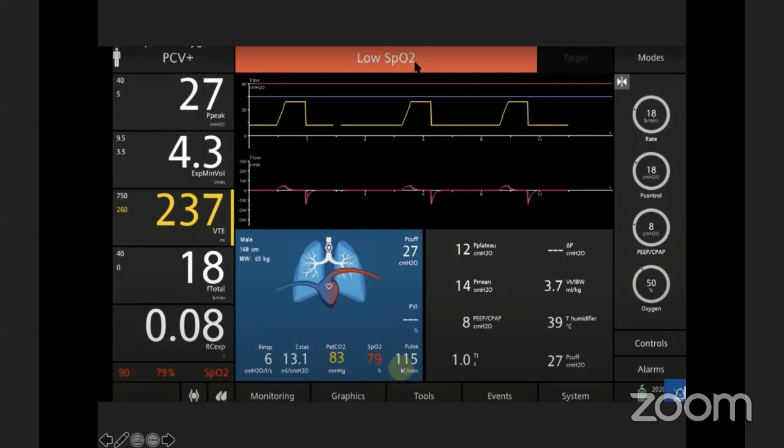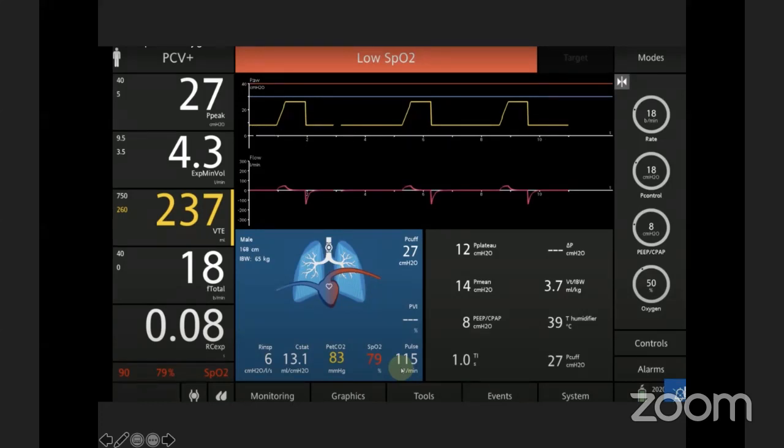He has low saturation, so what do we need to improve the saturation? There are a lot of methods we can use. The patient's FiO2 is 50. Maybe you can increase the FiO2, which will improve the saturation, or you can increase the PEEP, or the tidal volume, because increasing the area below the diagram will help improve the oxygenation.